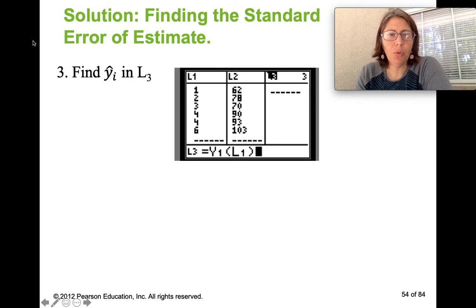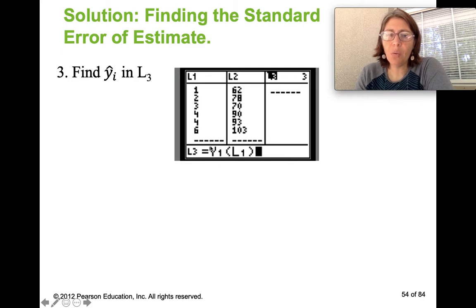Now we want to find the predicted y values in L3. So you're going to go over to L3 and type in y1 parentheses L1. This means that it's going to substitute each x value into the regression line.